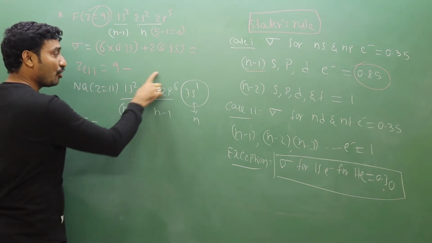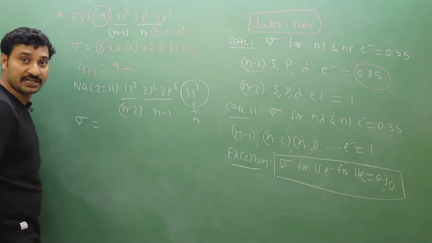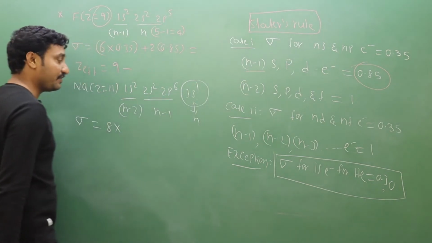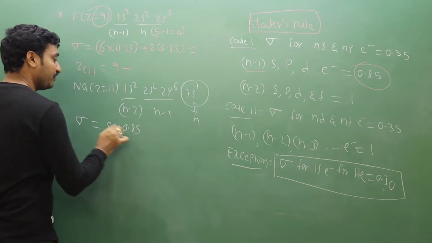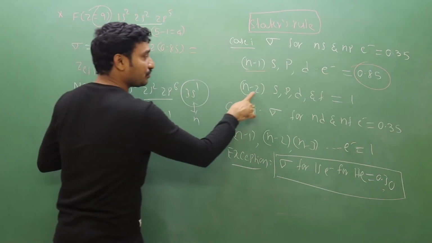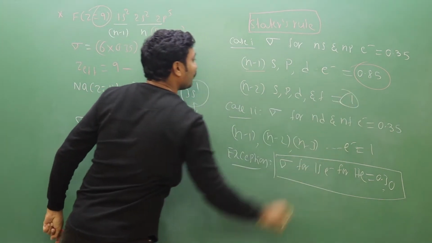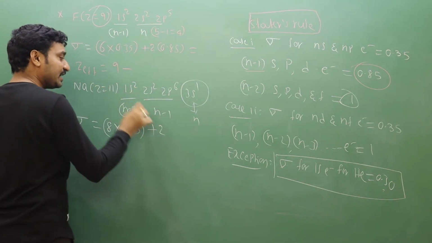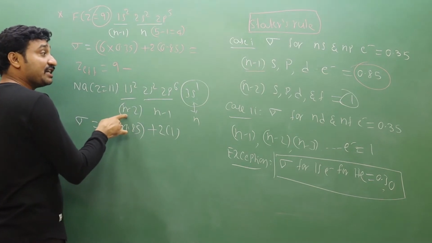In n minus 1, how many electrons are present? 8 electrons, so 8 into each electron 0.85, plus n minus 2 shell, s, p, d, f, any electron 1. So 2 electrons, each electron 1, because that is the n minus 2 shell.